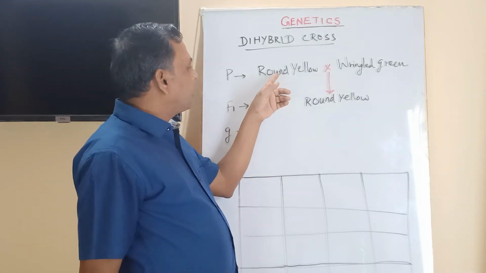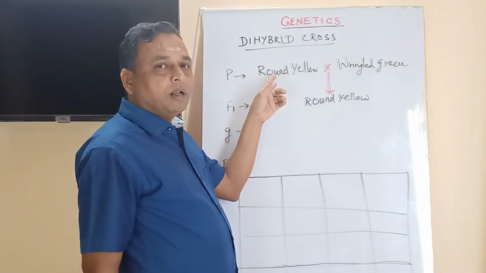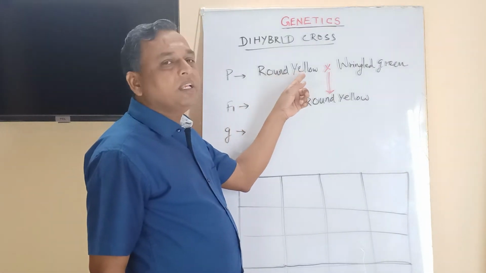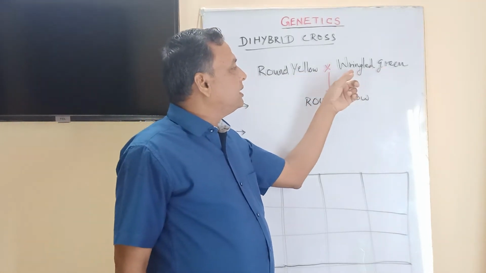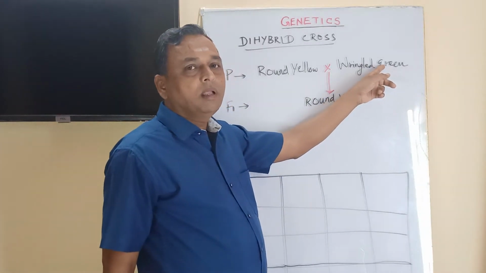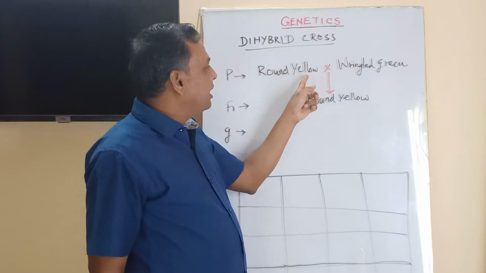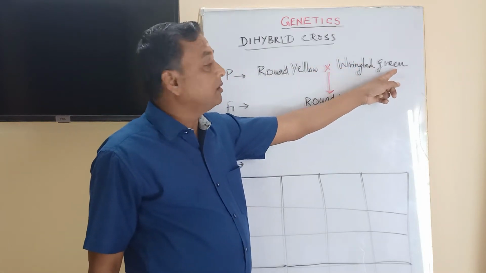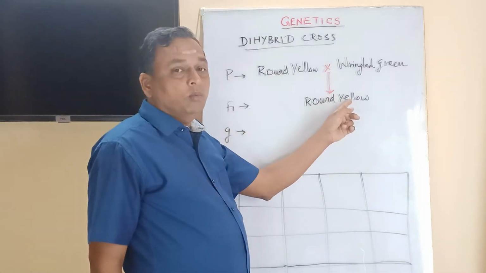One is round, the seed shape, and yellow, the seed color, crossed with wrinkled green, where seed shape is wrinkled and color is green. When they are taking two traits, round and wrinkled, yellow and green, these are the pairs. The F1, they got round yellow.